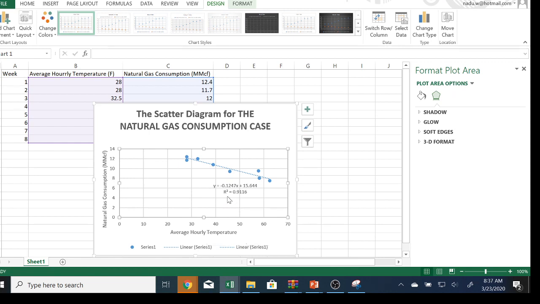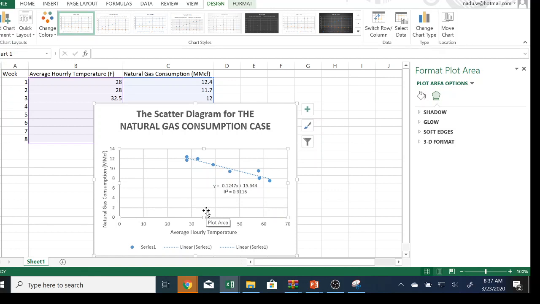So what is meant by r squared value here is that 91.16% of the variation of natural gas consumption is explained by the average hourly temperature. So again, when we are interpreting this r squared value, we convert it into a percentage.